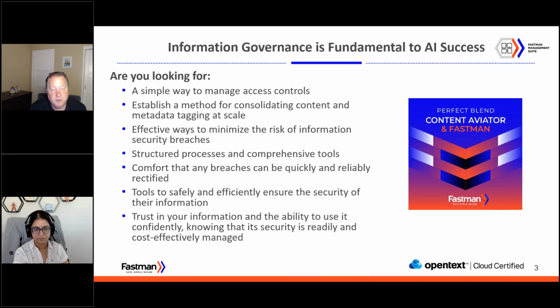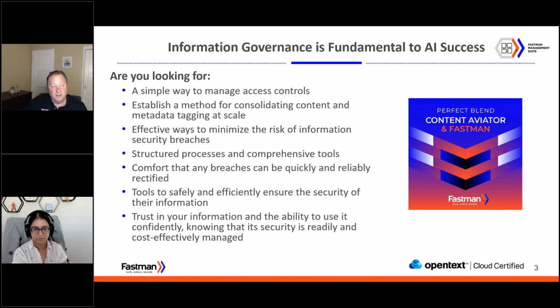As we learn and prepare to introduce these AI automations to our business, the importance of information governance is critical to your success. We're finding that this is leading to a heightened awareness of the importance of stronger information governance and the tools needed to achieve it, such as a simpler way to manage your access controls in your systems.